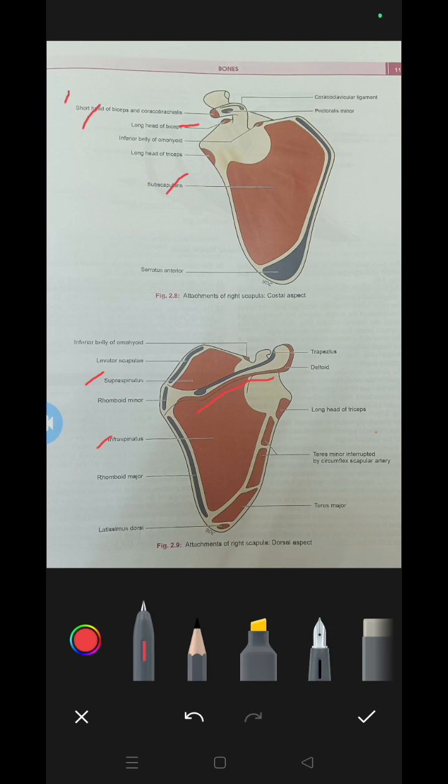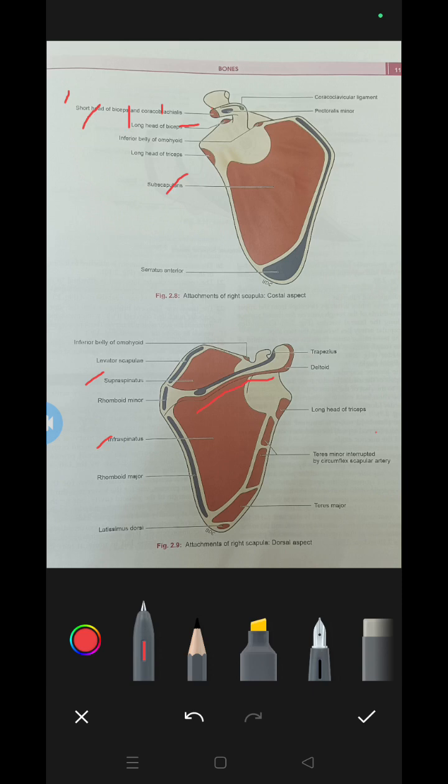Coracobrachialis is here. It arises from the medial part of the tip of the coracoid process.